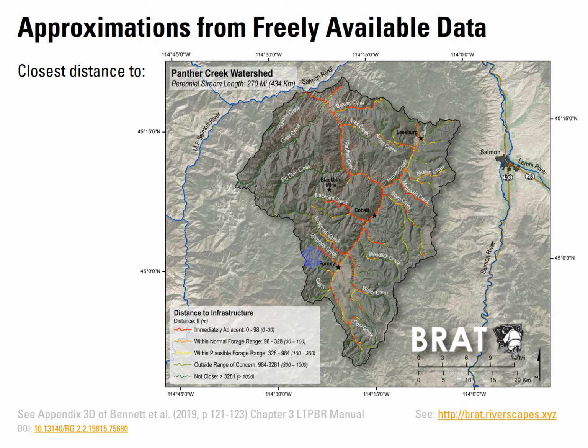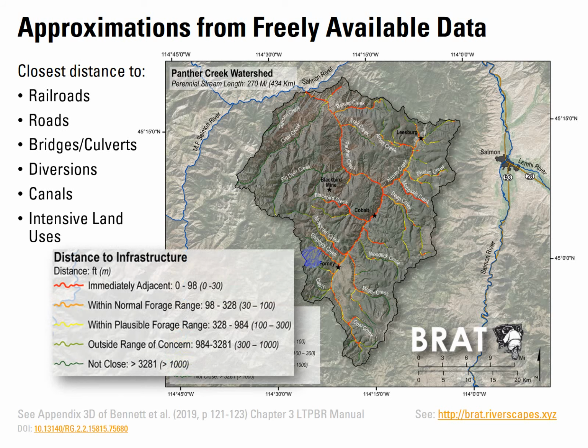I do want to point out that this logic that we're talking about, of trying to map where infrastructure and land use constraints are, is actually baked into some of our models like BRAT as intermediates. So things like distance to railroads, roads, bridges, culverts, diversions, canals, mapping intensive land use.